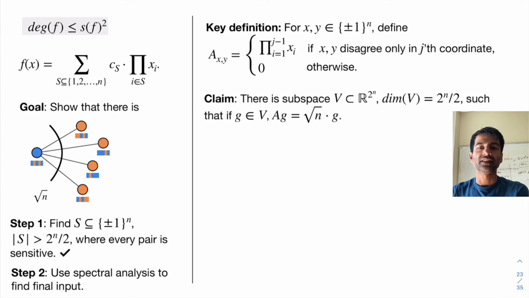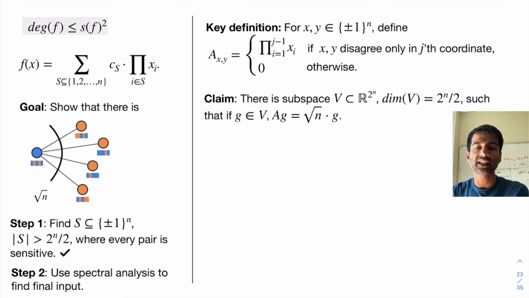Another key property concerns the eigenvalues of this matrix A. This is guaranteed by the choice of A, which is set up so that half of the eigenvalues of this matrix are square root n.